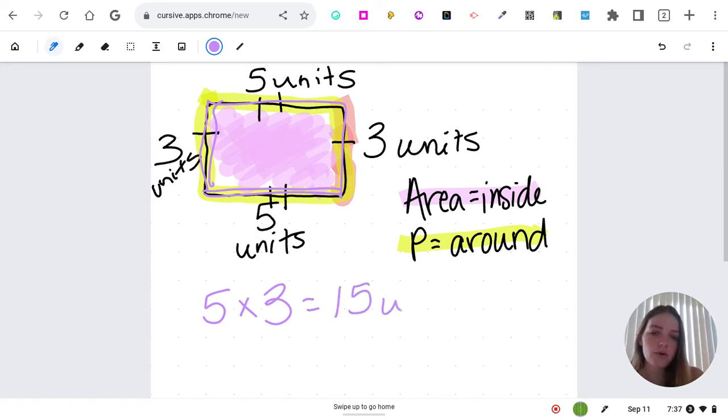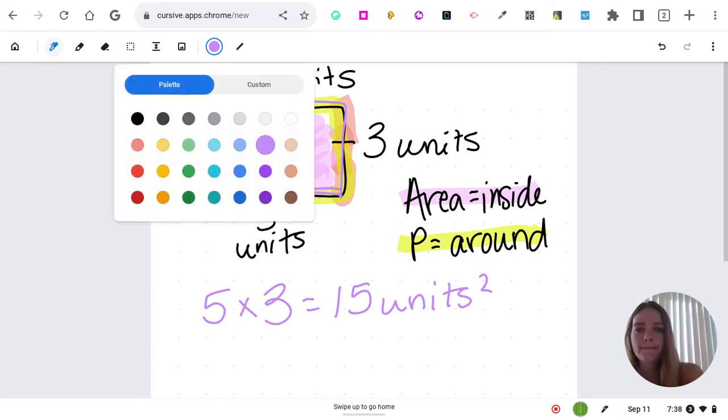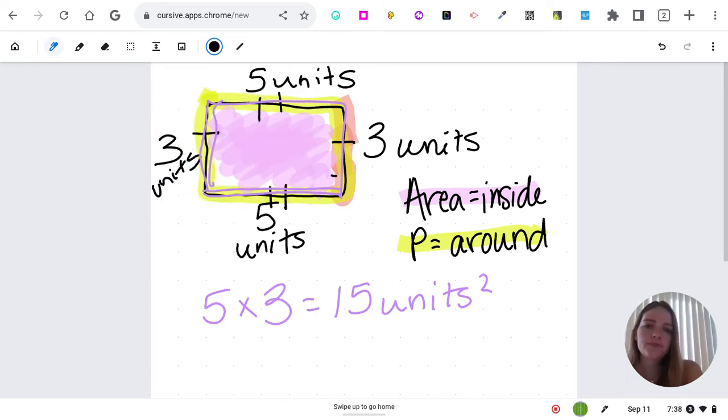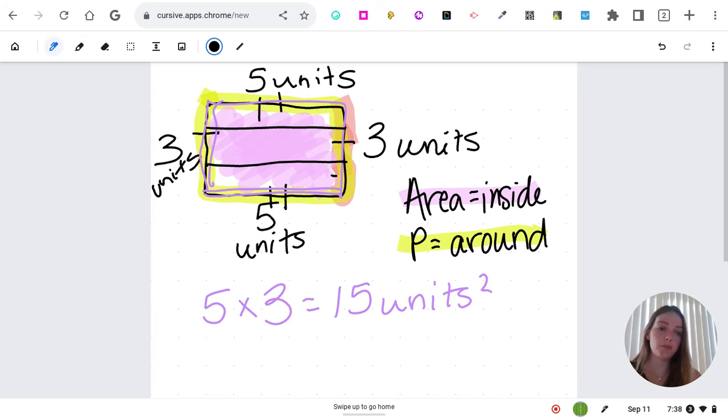Now it's not just going to be units, it's going to be units squared. I'm going to show you what that means. Since we have this awesome Google Cursive grid paper, I can easily explain this to you. Right here, if I were to extend this grid paper and draw it out square by square, this is what I would get. 1.